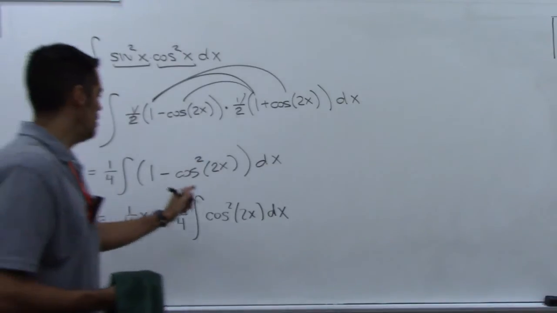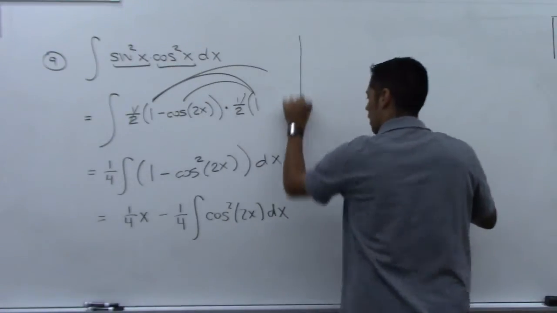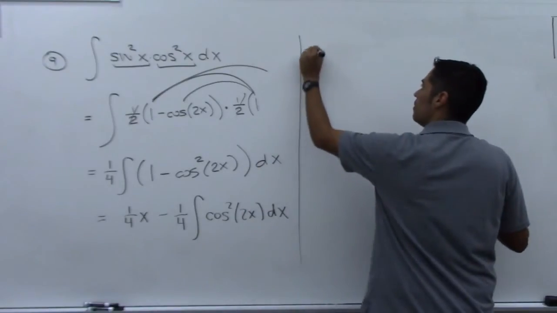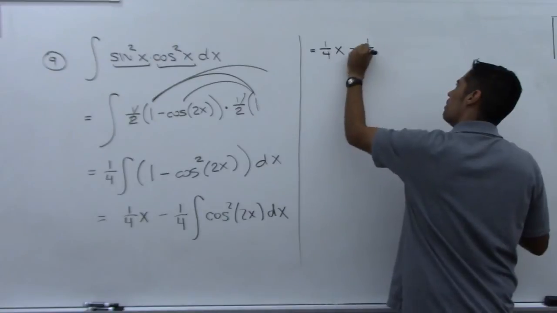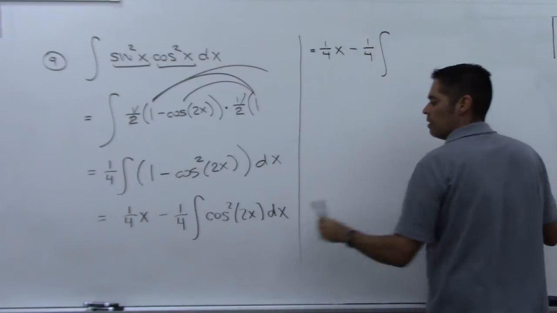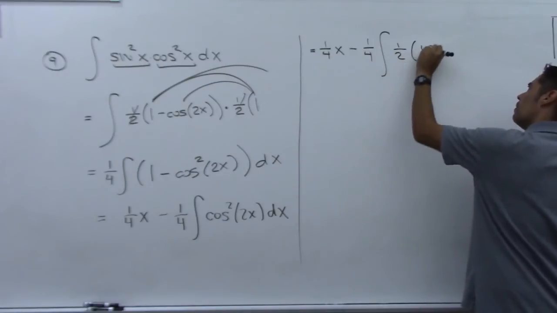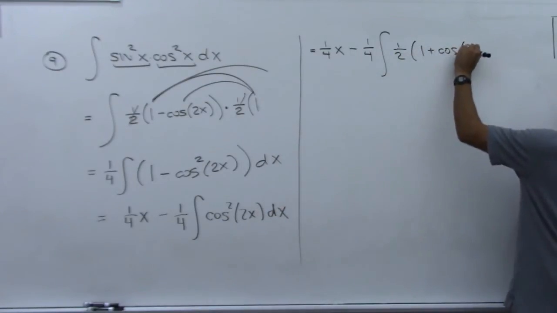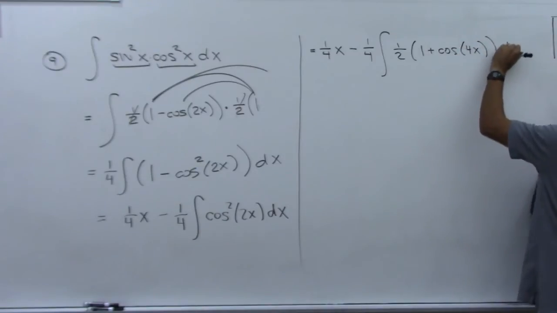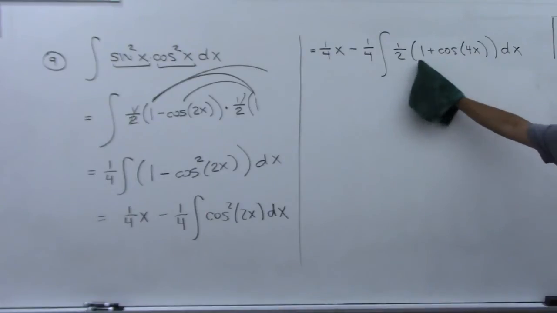All right, so now power reducing formula on that piece right there. So this becomes 1/4 x minus 1/4 integral, power reduce on that, 1/2, 1 plus cosine, double the angle, 4x dx. And we should be able to find the antiderivative of each of those individually.